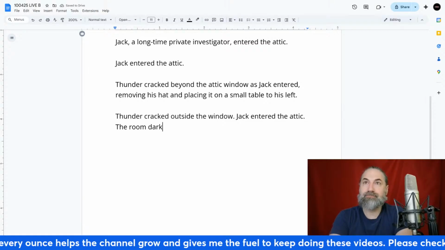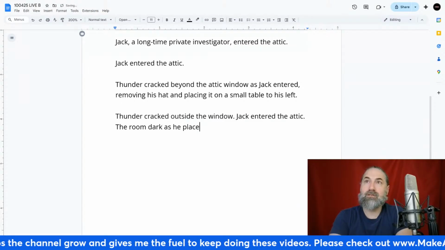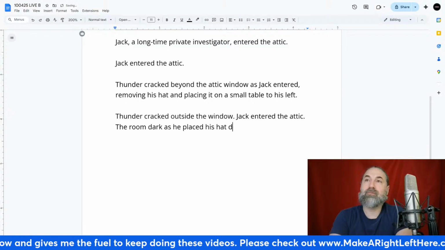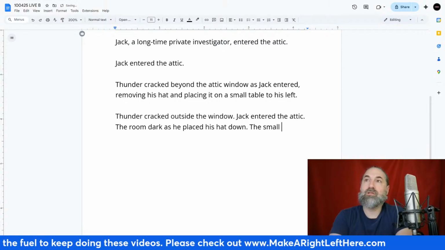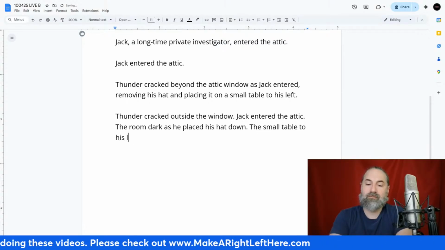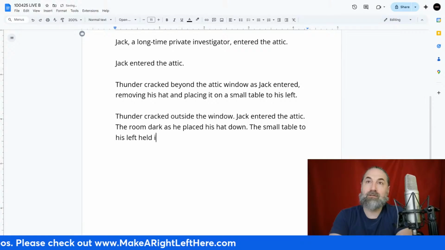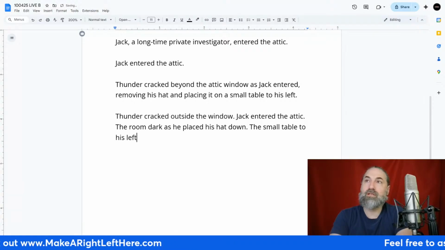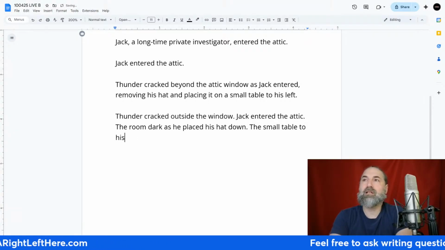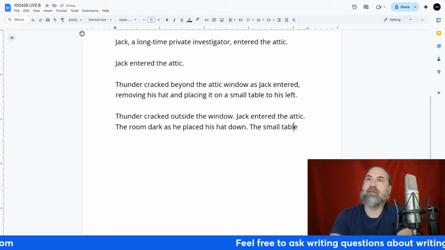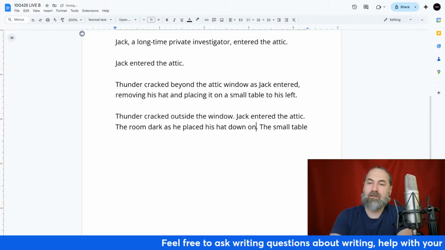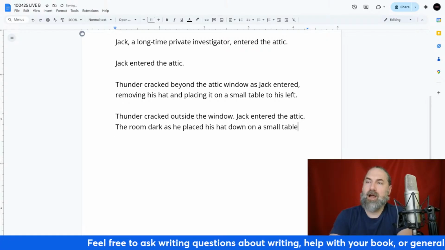Room dark as he placed his hat down on a small table to his left. Okay, we could do place this hat down on a small table.